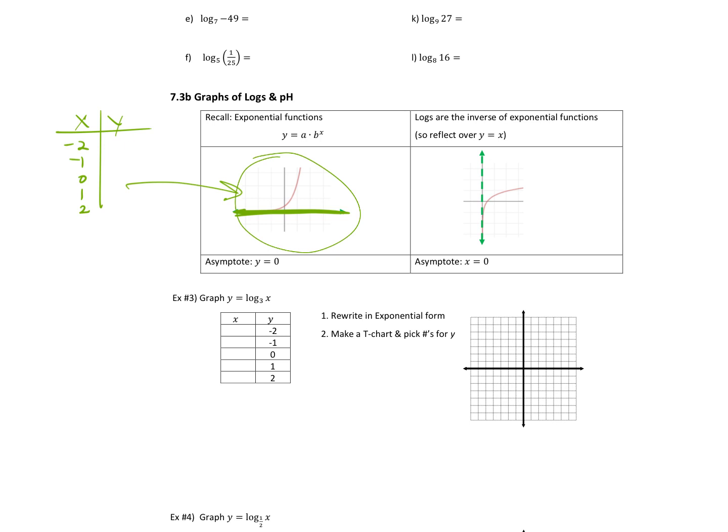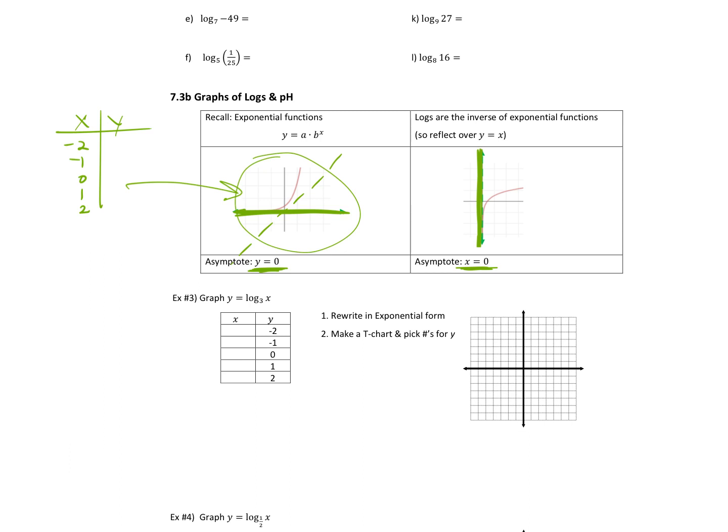And if I were to take this and reflect it, now my asymptote is here, okay? So instead of the asymptote being the x-axis, now the asymptote is the y-axis, the line x equals 0, and my graph will be approaching the y-axis, but will never hit it, okay?